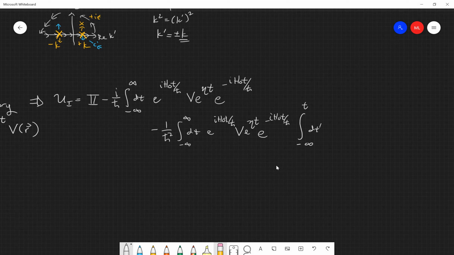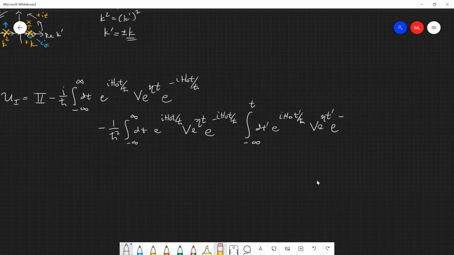Remember that you need the time order properly, or alternatively have these nested integrals where t prime stays smaller than t, because the operator that acts first must be the one that has an earlier time. You just go back to the time-dependent perturbation theory notes, you'll see that. So you get this kind of thing, and so on. You get the higher order terms.